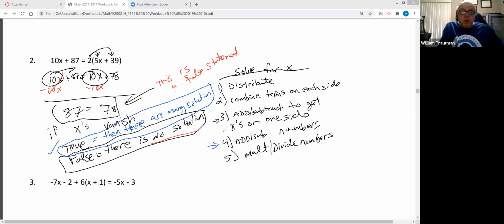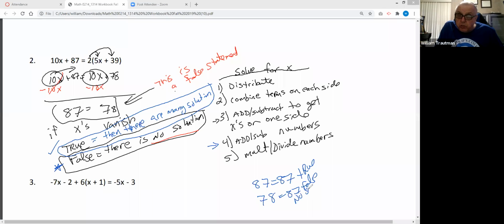So just remember, in this problem, though, the answer is false. The 78 and 87 don't equal each other. A true statement would be something like 87 equals 87. Do you see? That's true. That means there are many solutions. If I have 78 equals 87, that's false. Then there are no solutions.